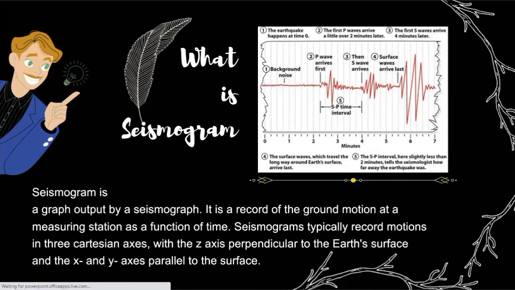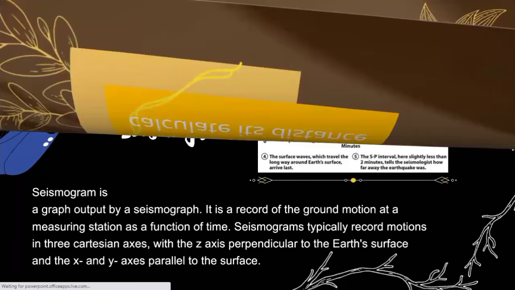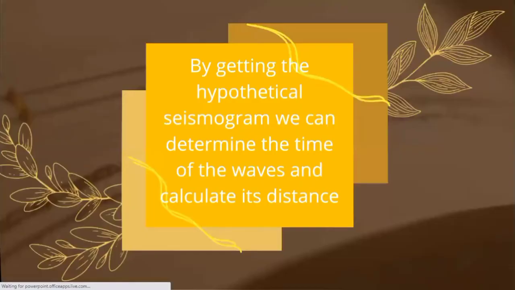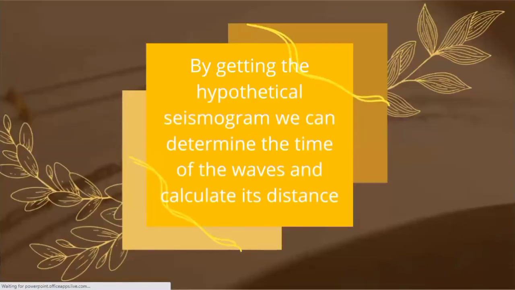And last is the S to P interval, here slightly less than 2 minutes, which tells seismologists how far away the earthquake was. By getting the hypothetical seismogram, we can determine the time of the waves and calculate the distance.